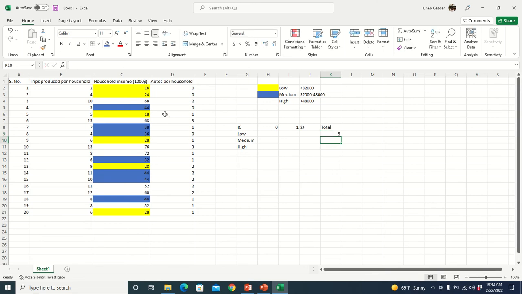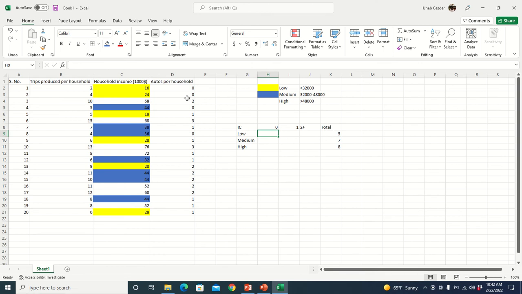Then how many do I have in the medium income category? The blue ones: 1, 2, 3, 4, 5, 6 and 7. So 7 here. And how many in the high income category? The remaining. In total there are 20, so 20 minus 12, the remaining is 8. Now from the low income category, how many of them have 0 autos?